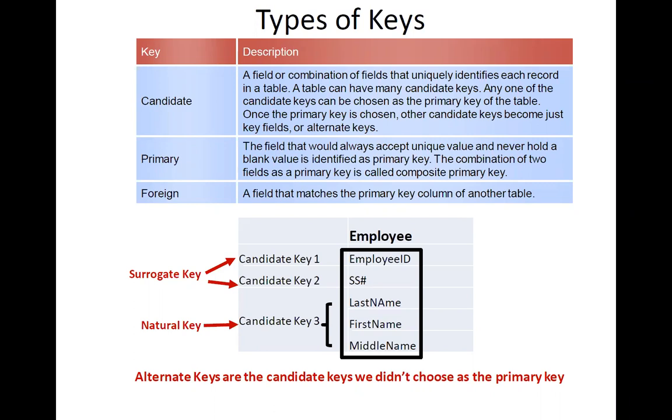Employee ID and SS number are generated by the database. We call those artificial keys or machine-generated keys. They are consistent and efficient, but they do not carry any business meaning.